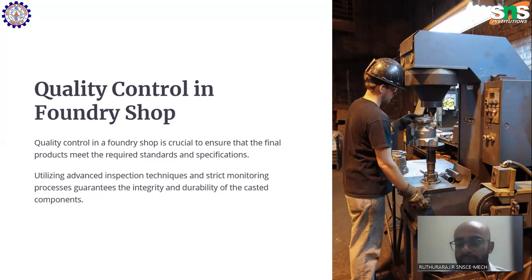The hardness of the casting will depend upon the material composition, the alloying done to the steel. If the alloying is not particularly effective, there will be a compromise in the hardness. So to ensure that it is of the required hardness, we do hardness testing.